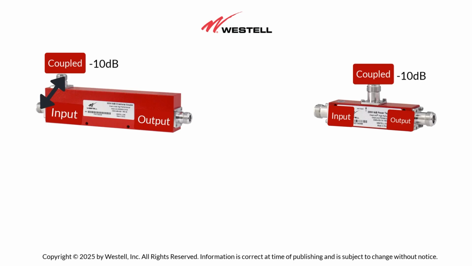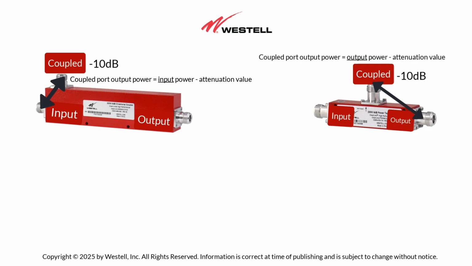In contrast, in a tapper, the signal enters its input port and exits through its output port minus the loss through the tapper. The output power leaving the tapper is the reference, and the coupled port is 10 dB lower than this output. In summary, the coupled port's attenuation in a directional coupler is based on the input port's power level, while in a tapper, it is based on the output port's power level.